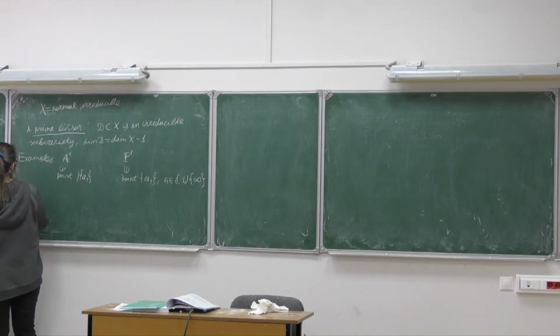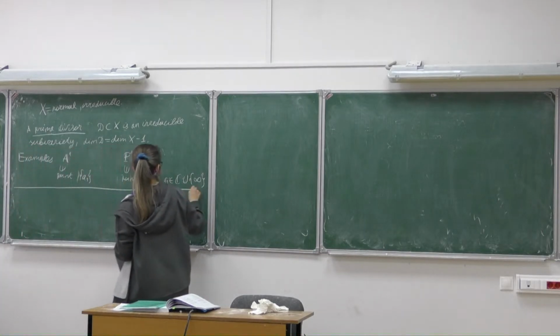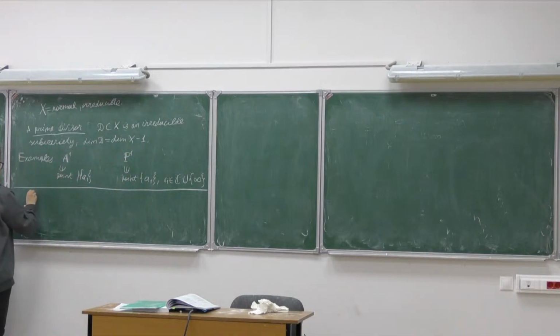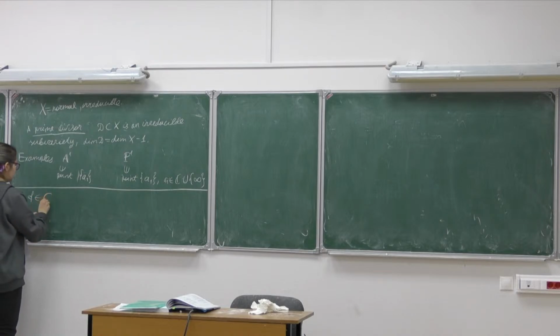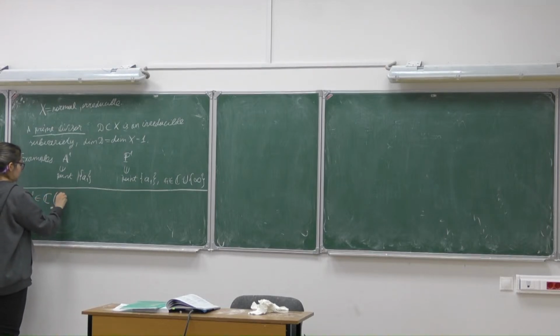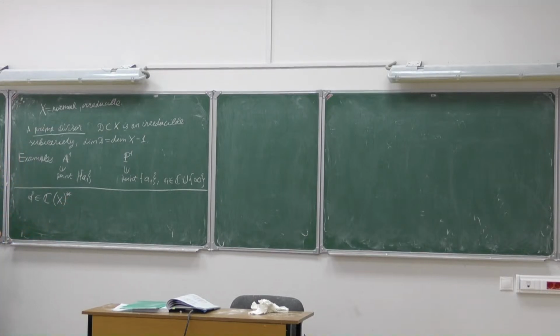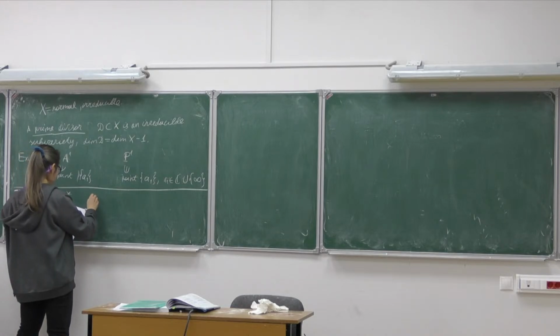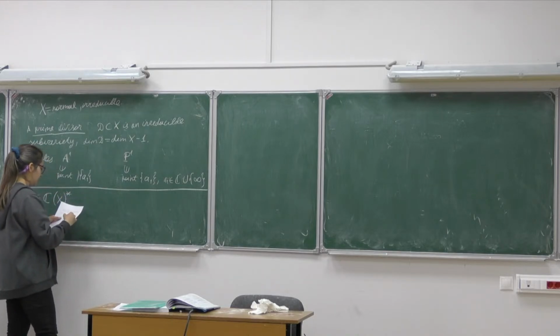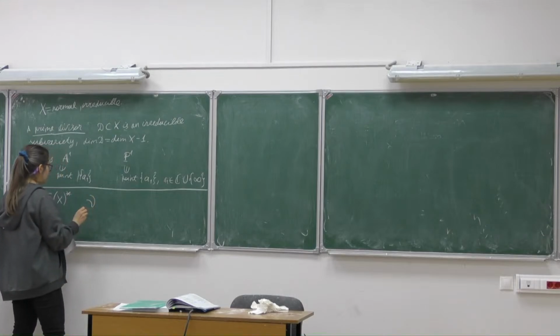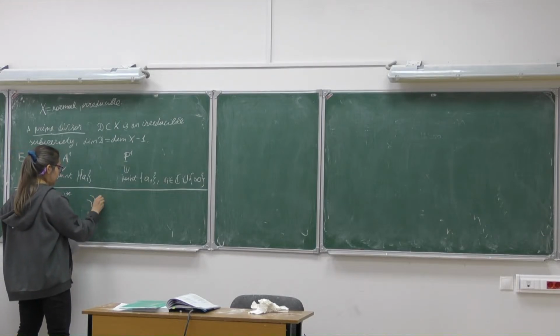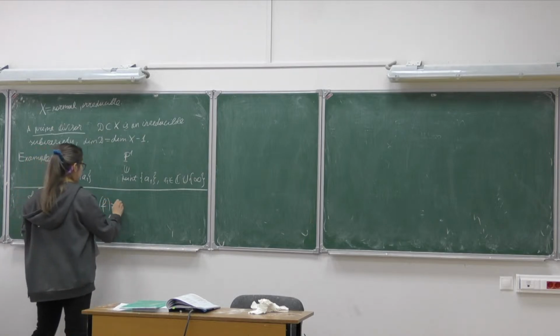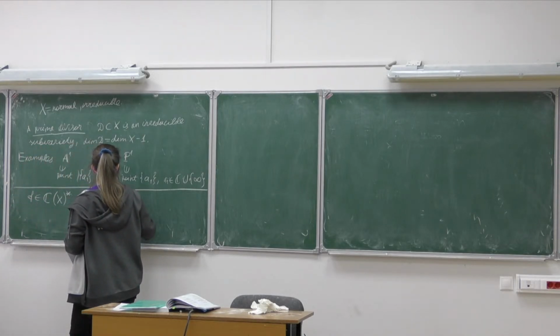If we have a function f, a non-zero rational function in C(X) star. I think I will not prove all the properties, but I just say that we have the order of vanishing nu along D of f.